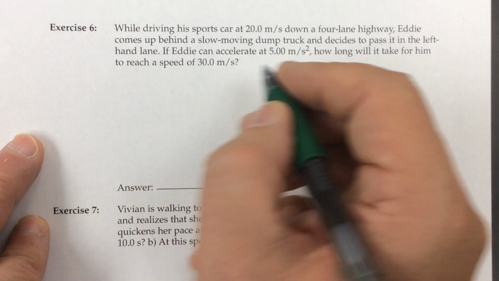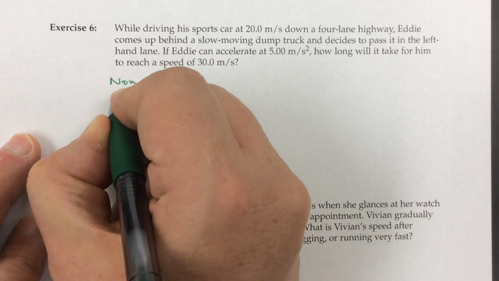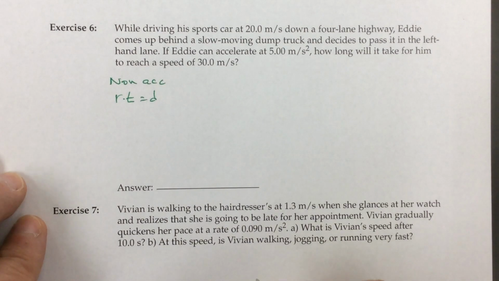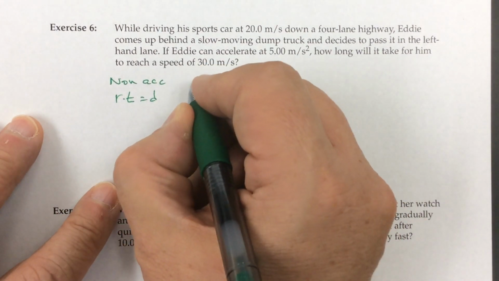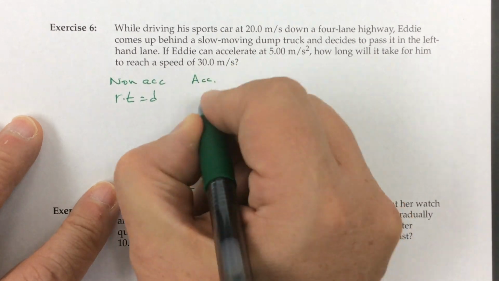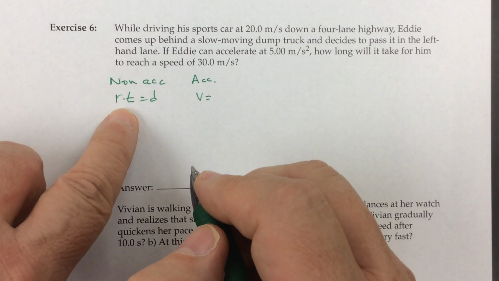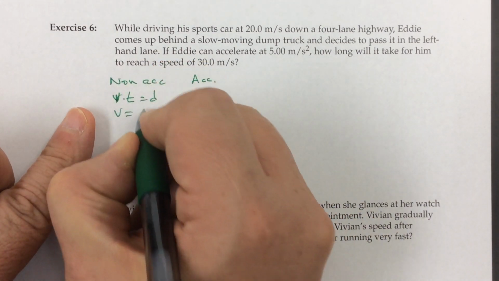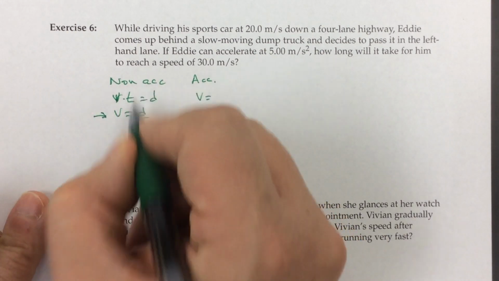So if you remember, when it's non-accelerated, it's rate times time equals distance. If it is accelerated, I guess this rate is velocity. So let's put them together. Velocity is going to equal distance over time. So this is non-accelerated.